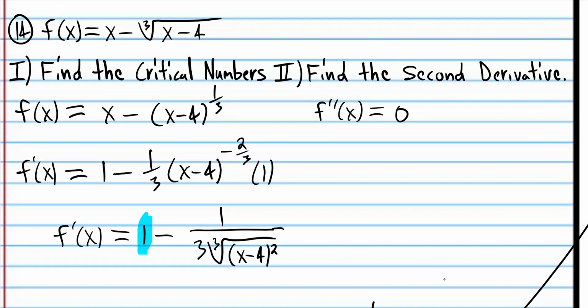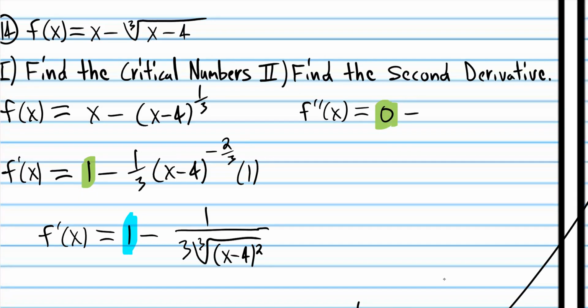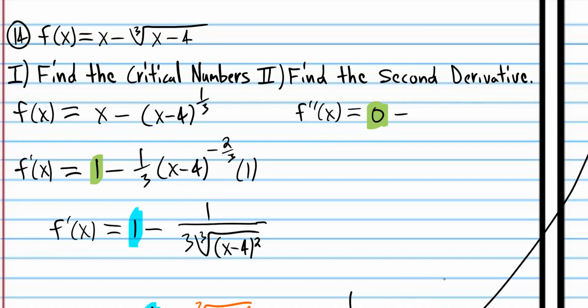So we have 0, the derivative of 1 is 0, and then we're going to use the exponent rule, and we're going to bring that negative 2/3 down. That's going to become positive 2/9 times x minus 4 to the negative 5/3 power.